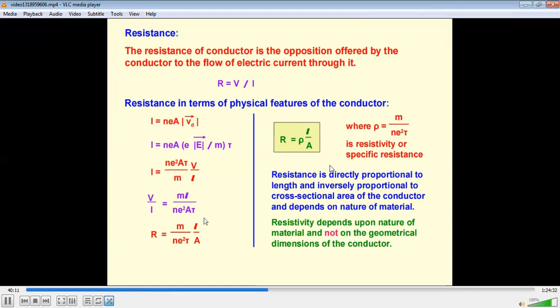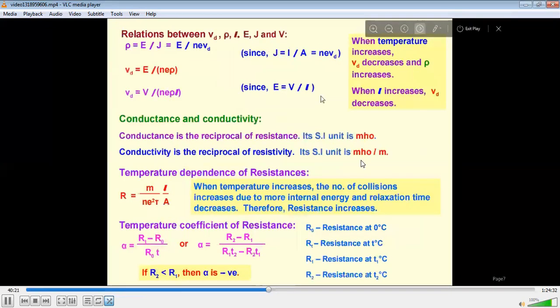So R equals to, we can derive using the laws of drift velocity. So the relation between drift velocity, specific resistance, length, electric field, current density, and potential difference. So you have to use the formula here.